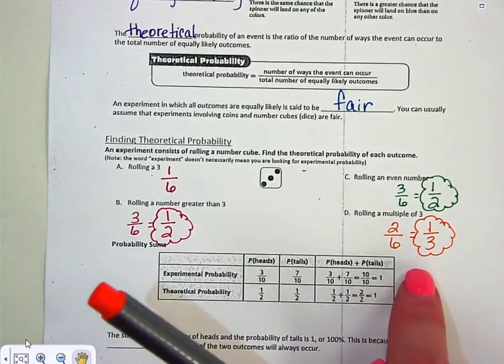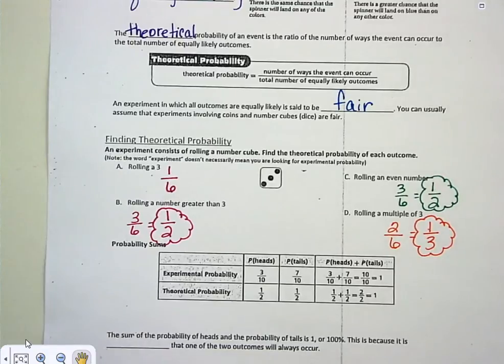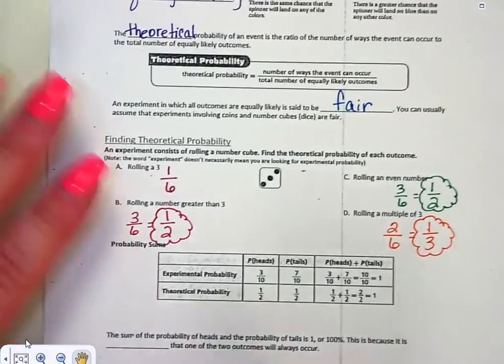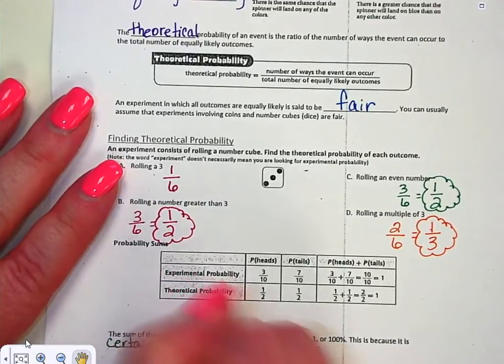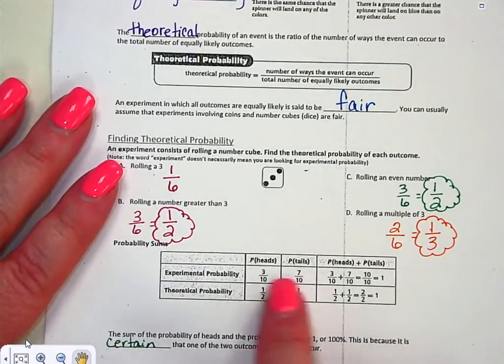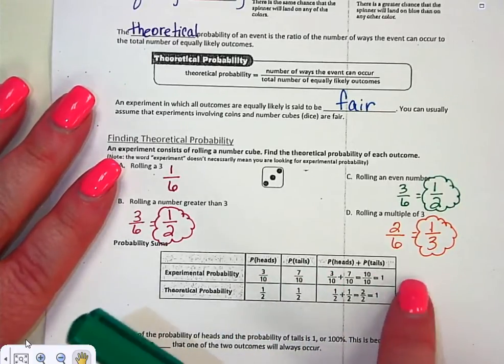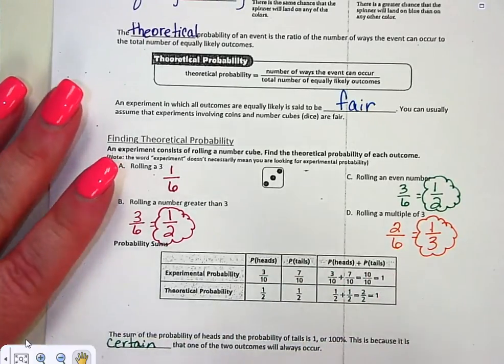So the sum of the probability of heads and the probability of tails is 1 or 100%. This is because it is certain that one of the 2 events will occur. So your probabilities always need to add up to 1 or 100%.